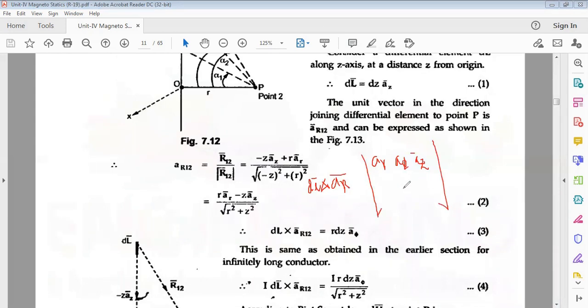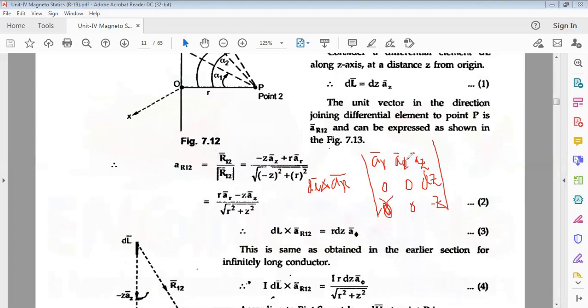First of all, write the coefficients. dl bar has only the z component, so 0, 0, dz. And ar bar has two components: one is r in the ar direction, and the other is minus z. For convenience, I'm not writing the denominator, the square root of z square plus r square. The ar and a phi terms of dl bar are 0.